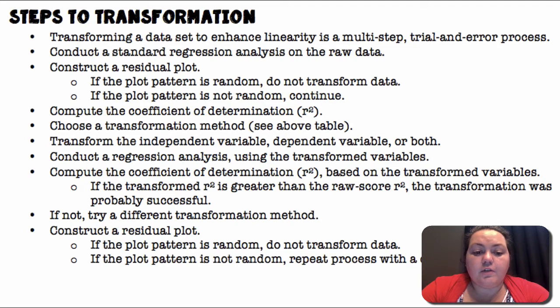And then transform your independent variable or your dependent variable or both. So square root, take the log of your x values, take the log of your y values, whatever it is. And then do another regression analysis, so stat calc 8, using those new lists, those transformed lists.